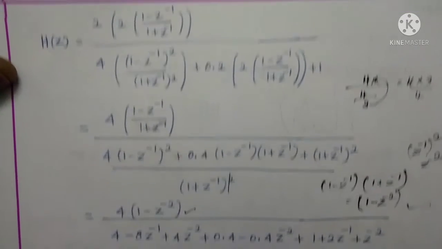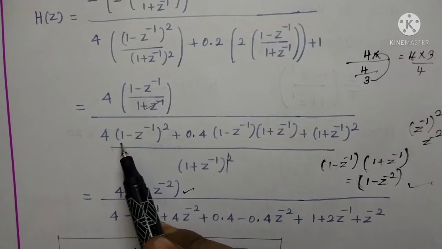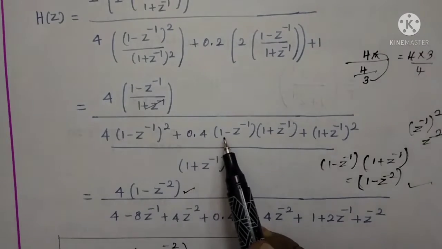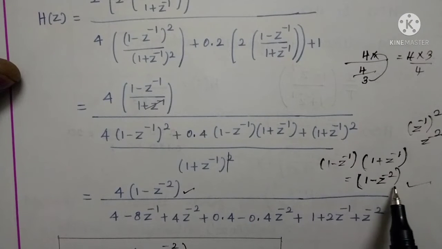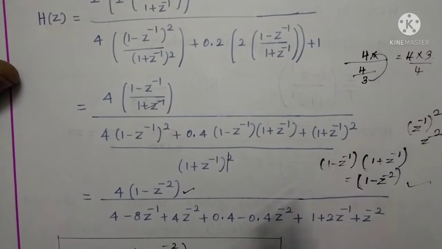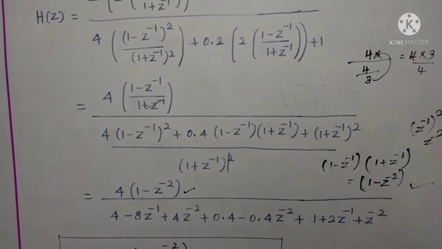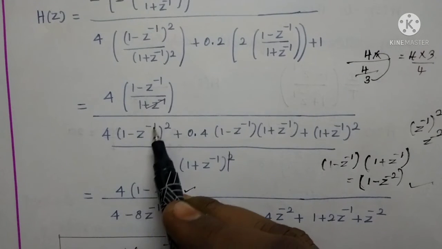So let us see the denominator. Denominator term, here we have 4 into 1 minus z inverse the whole square plus 0.2 into, this is again (a minus b) into (a plus b), so that can be replaced as 1 minus z power minus 2, plus 1 plus z inverse the whole square. So this we can write as, this is nothing but (a minus b) the whole square.